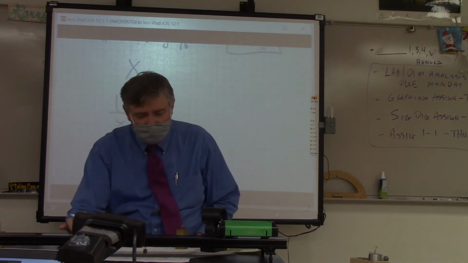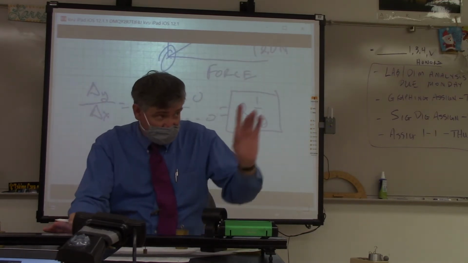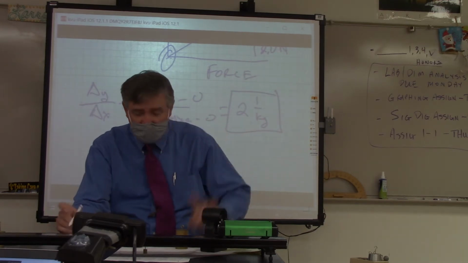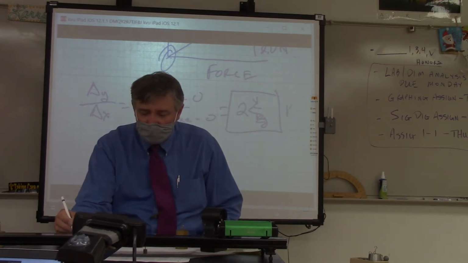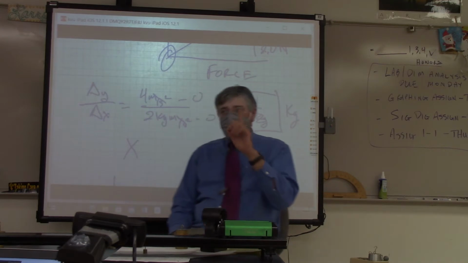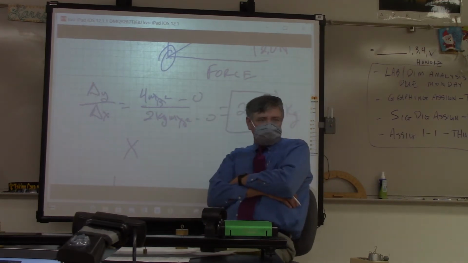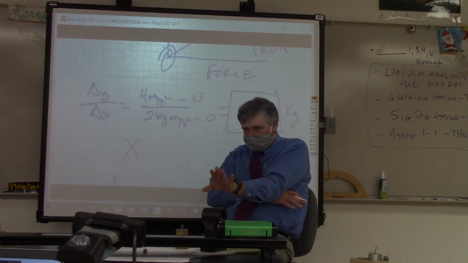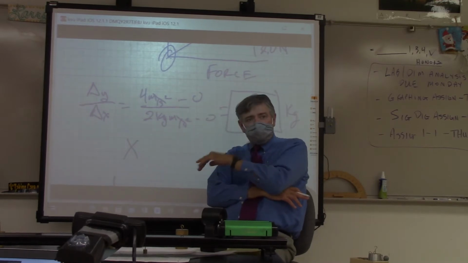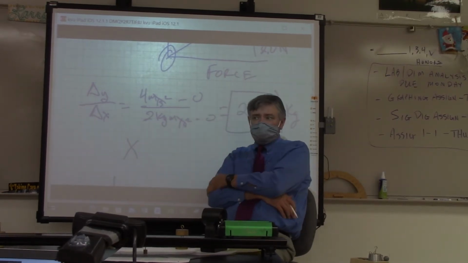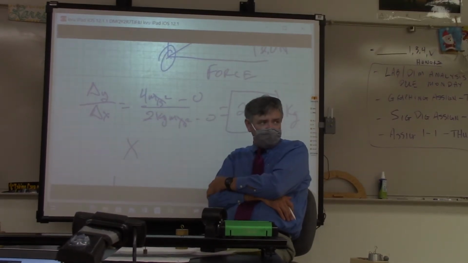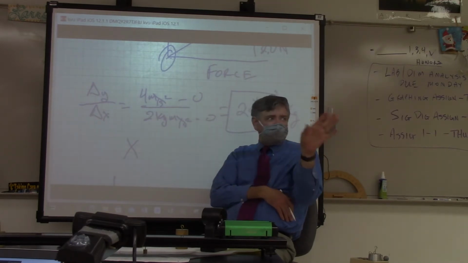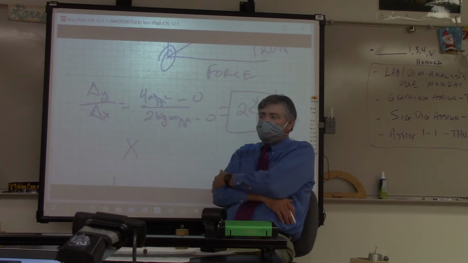Now, let's say it didn't, but let's just say that slope had worked out to be kilograms. It's not, but let's just say it is. If the slope had worked out to be kilograms, what do you think the slope would represent? What are you measuring in kilograms?